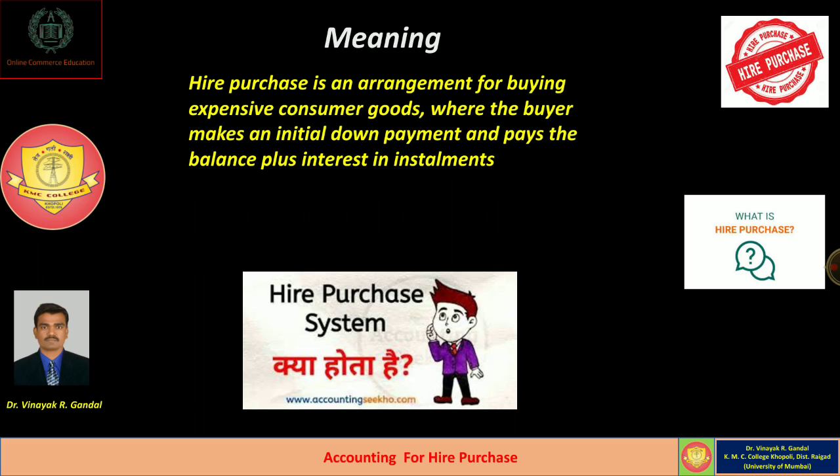He is entitled to pay a certain amount of money at the time of signing the agreement, called the initial payment or down payment, and the remaining amount of that particular goods or machinery is to be paid in a number of installments with an agreed amount of interest. So this is the system which is used normally for purchasing expensive goods on an installment basis.